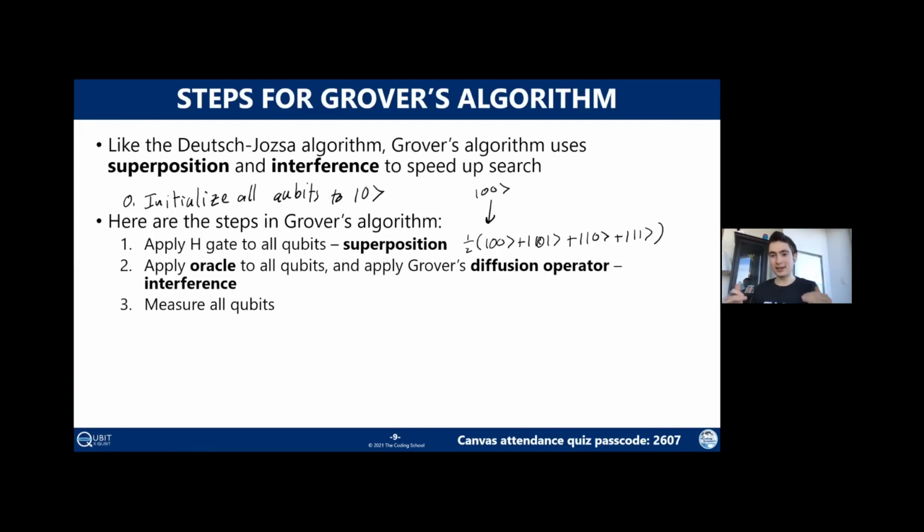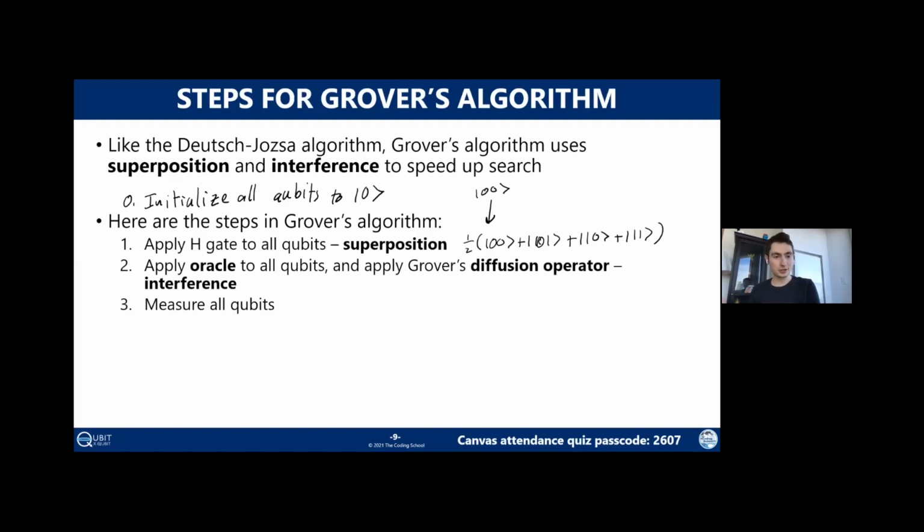And so you can kind of think of it as trying the oracle on every single possible state. But because it's a quantum superposition, that operation only has to happen once, right? Instead of having to apply the oracle to 00, 01, 10, 11 separately, we can apply it to a superposition of all those states in only one step. And that's where a lot of the speed up happens.